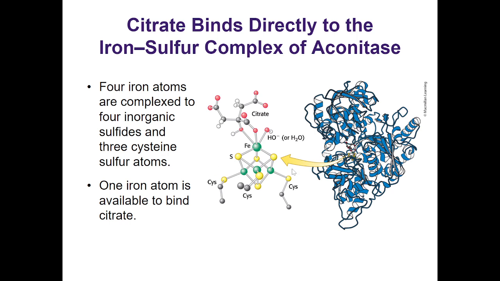So again, this is going to have the 4 iron atoms that are complexed to 4 inorganic sulfides, 1, 2, 3, 4, and then 3 cysteine sulfurs, 1, 2, 3. Is it okay? The one iron atom is available to bind the citrate.